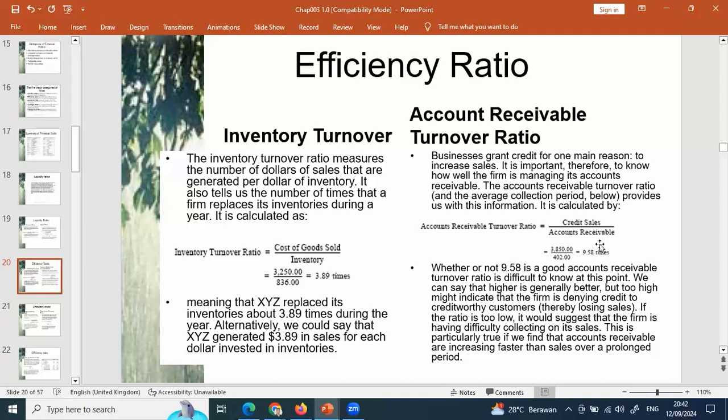So how long does it take for the invoice to be paid? Anybody can take the question. If the account receivable turnover is 10 times, how long does it take?